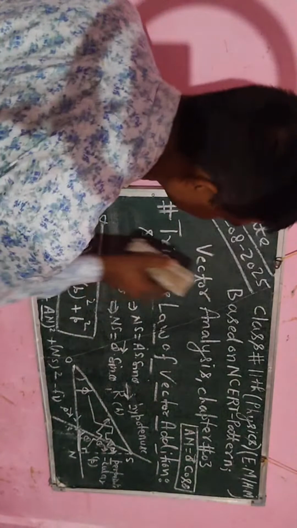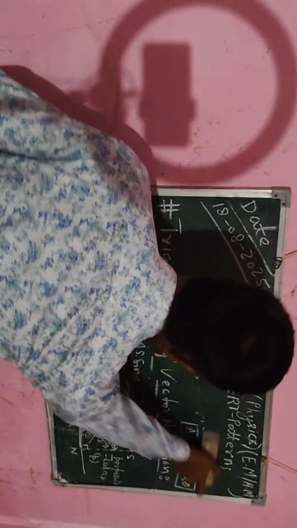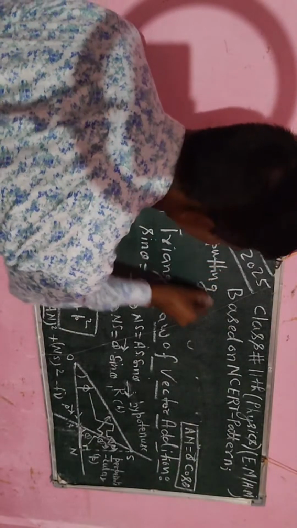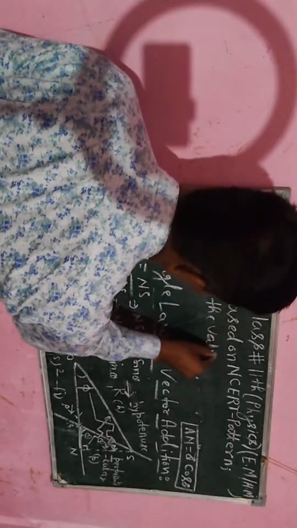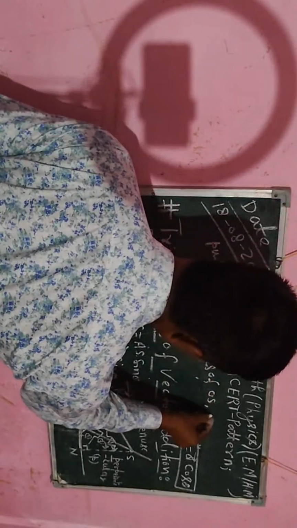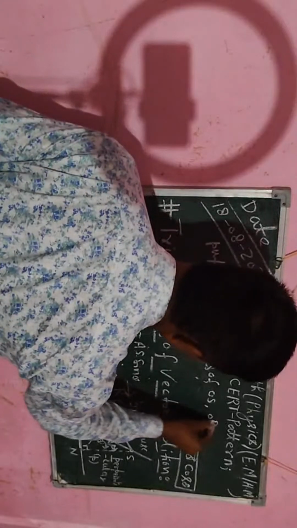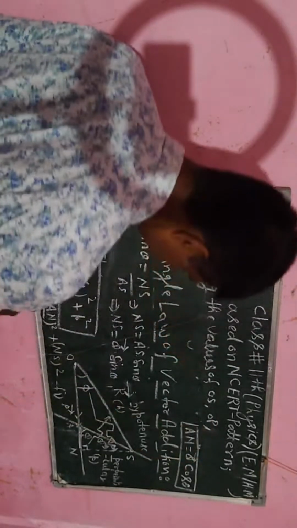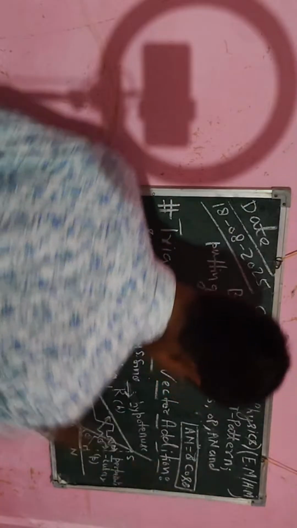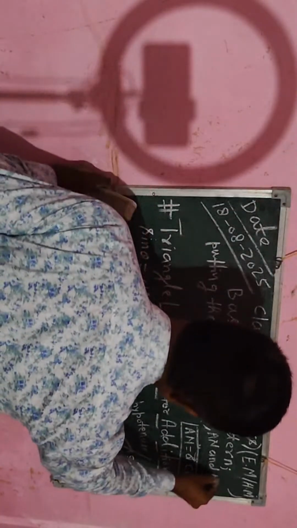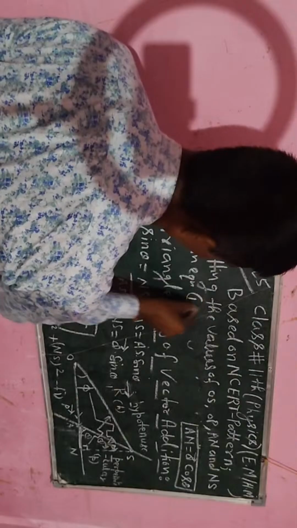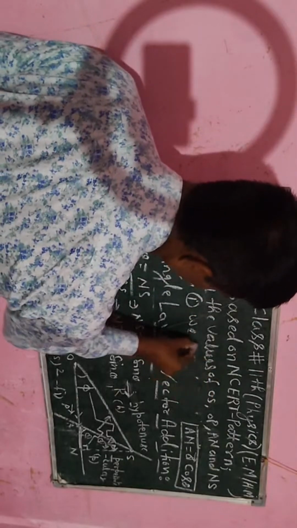Now I will write one statement. That statement will be: putting the values of OS, OP, AN and NS in equation 1 we get.